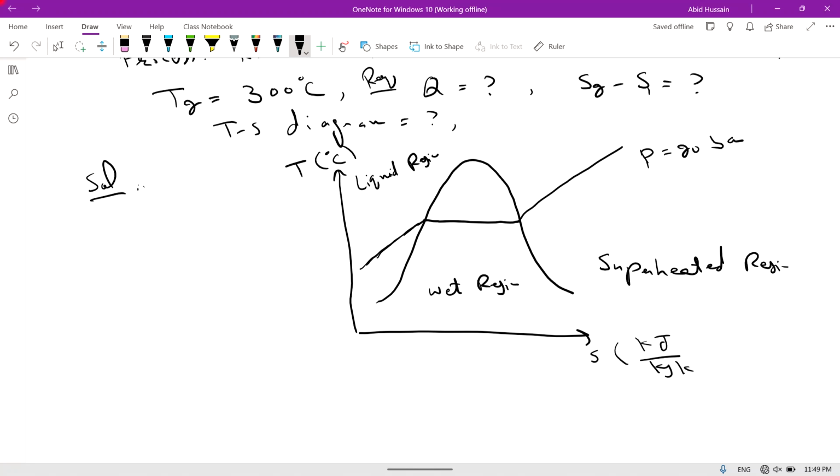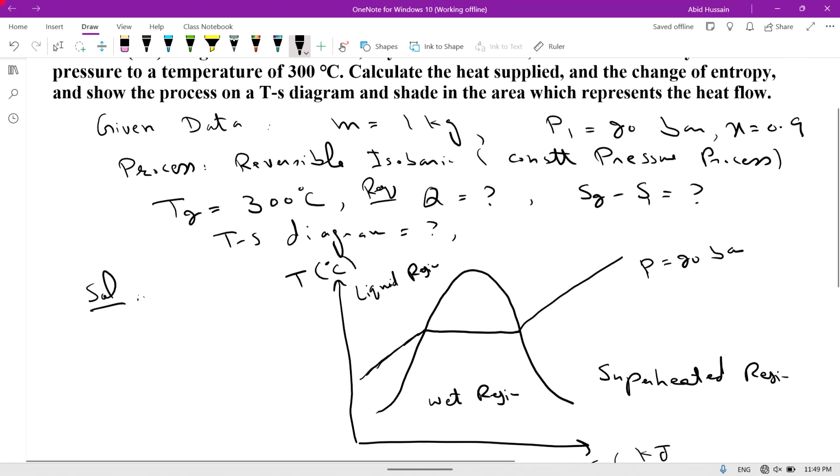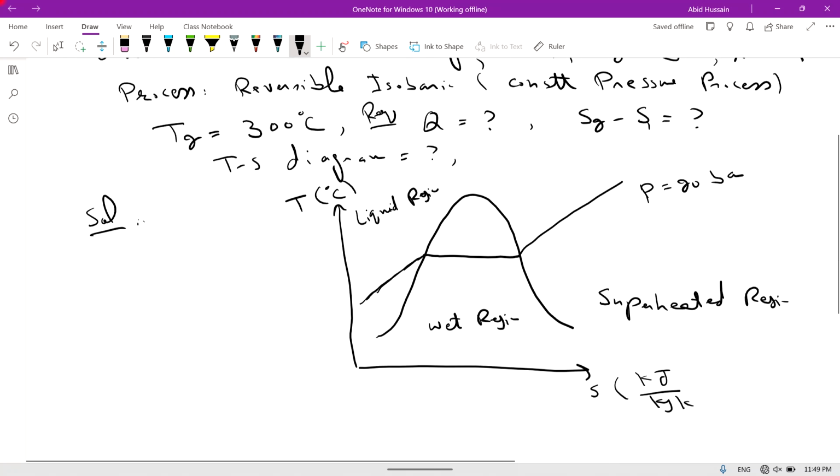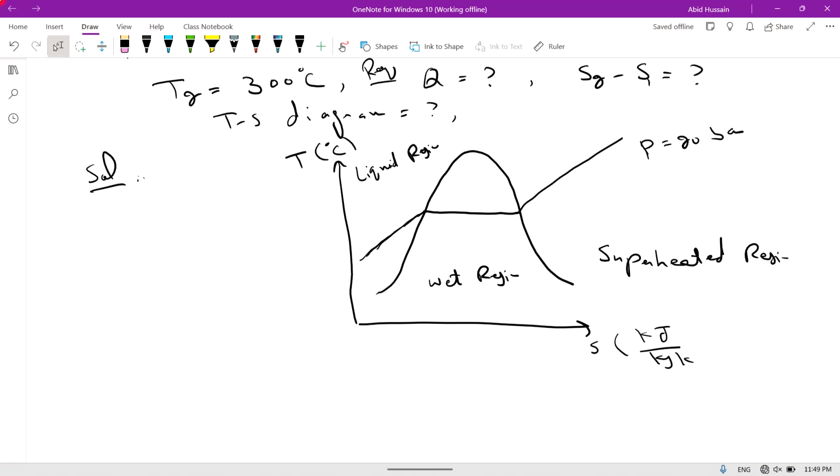Pressure is equal to 20 bar. Initially the dryness fraction is given to us: x is equal to 0.9. The value of x is 0 on the saturated liquid line and x is equal to 1 on the saturated vapor line.